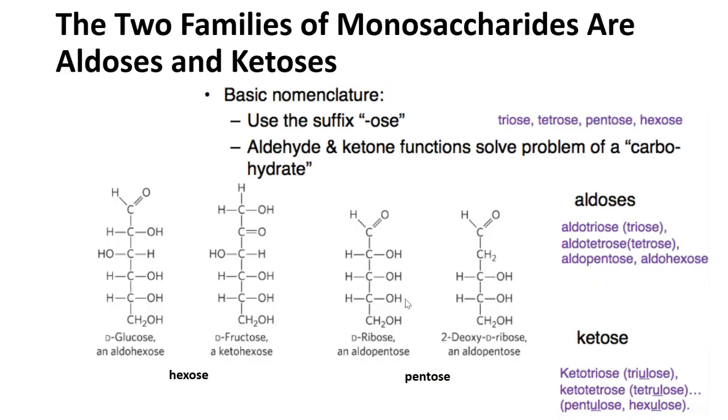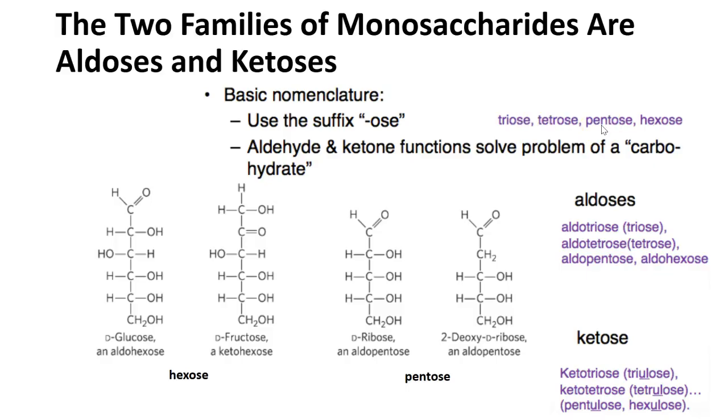As far as the nomenclature of these two families, it usually ends with -ose, as you can see right here with glucose, and then the aldohexose and the ketohexose, and so on. Right in front of the -ose is usually tri, tetra, pentose, hexose.